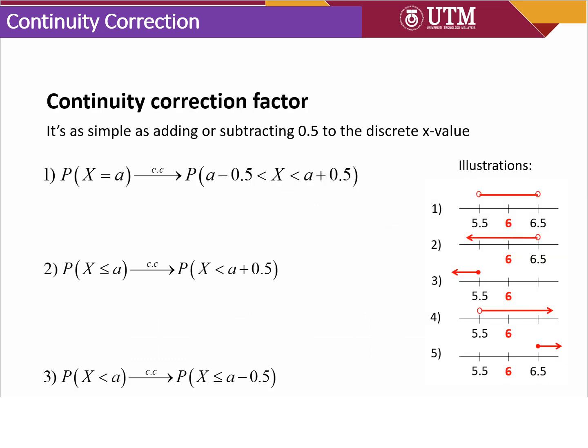So this is the continuity correction factor, where it is as simple as adding or subtracting 0.5 to the discrete x value. For example, here we have to find the probability of x equals 6, so we need to do the continuity correction.